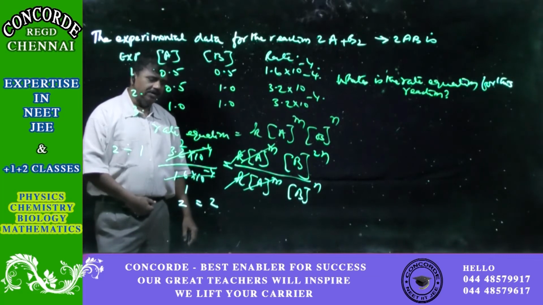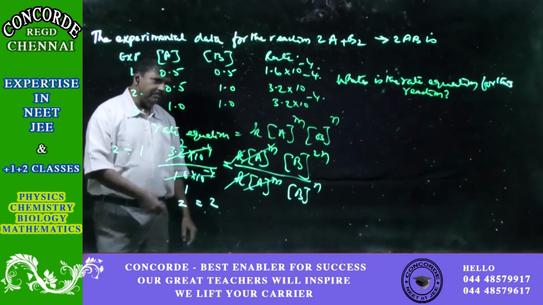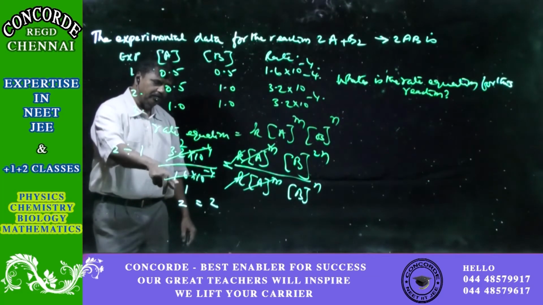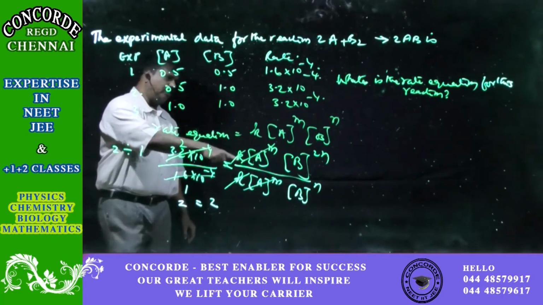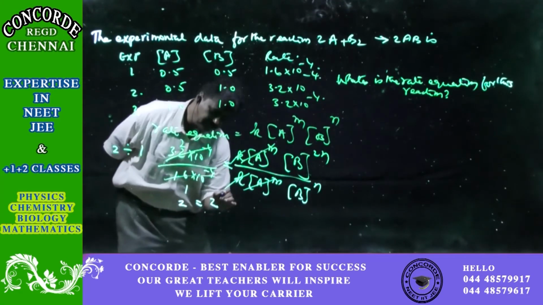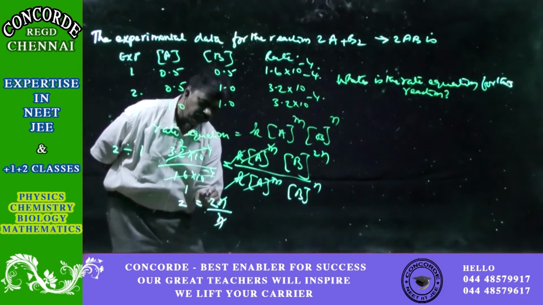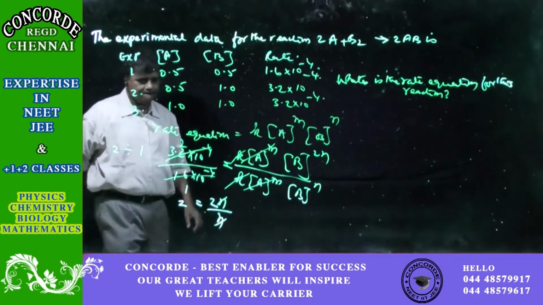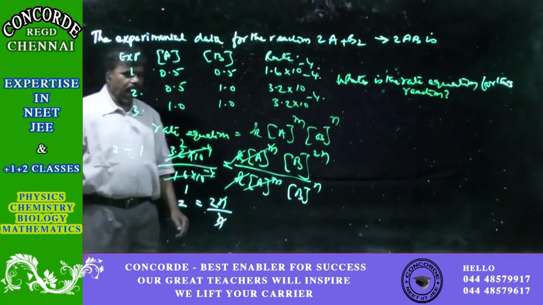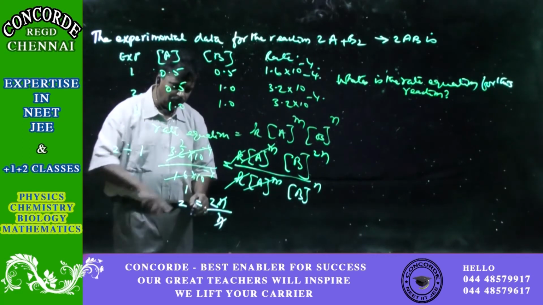So 2 power n by m is equal to 2 power 2, which is 2n by n. So 2 is equal to 2.